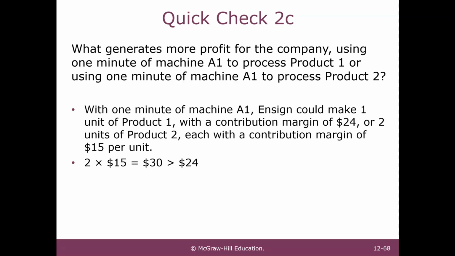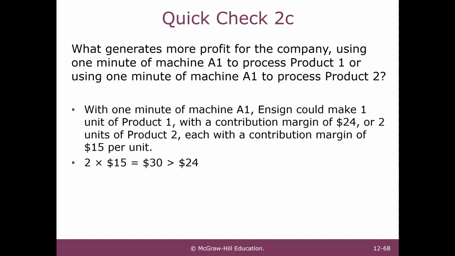Let's see which generates more profit. Okay. The contribution margin for product 1 is $24. So they earn $24 every minute in there. Product 2, the contribution margin is $15. So they can make 2 units in machine A1 at $15 contribution margin per unit, and that is $30.